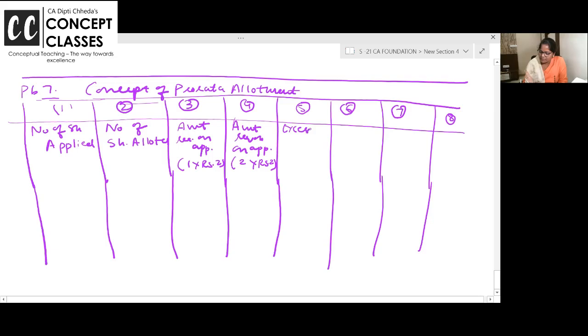Excess adjusted in allotment. Excess adjusted in allotment. Still excess, refund. Still excess, refund. Make the columns please.